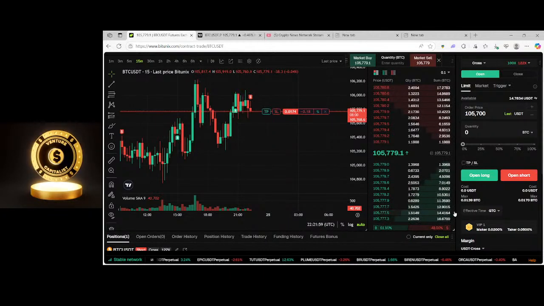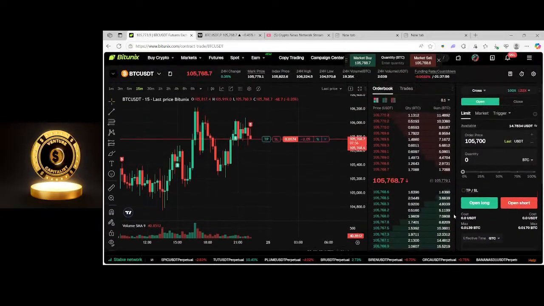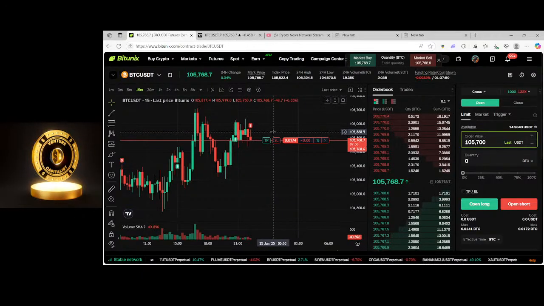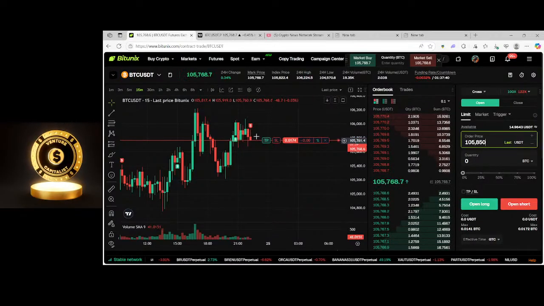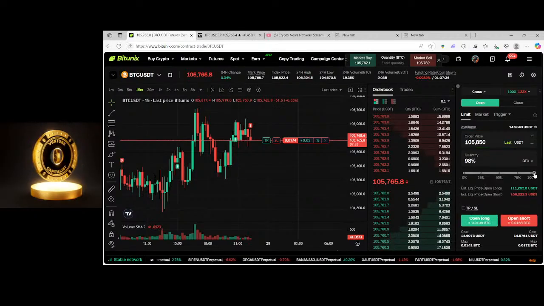Now let's say that we have our short here. Let's say we wanted to set up the other 50% of this short on a limit order, meaning we're thinking it's going to bounce up and maybe go back up to 105,850, right? So then we just type in the number that we think is going to be our entry price for the next short. We do our order.